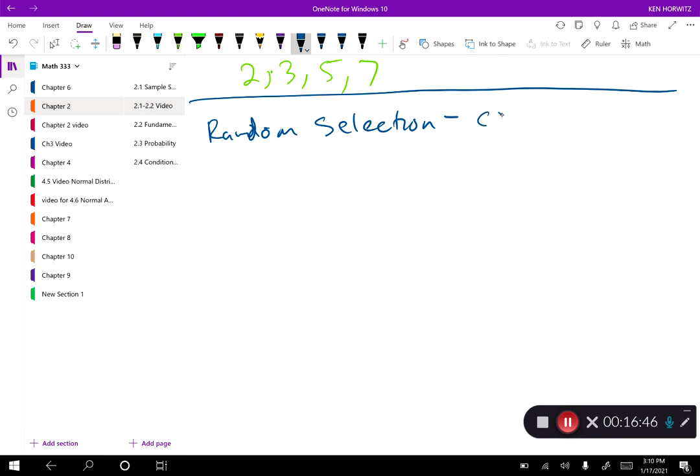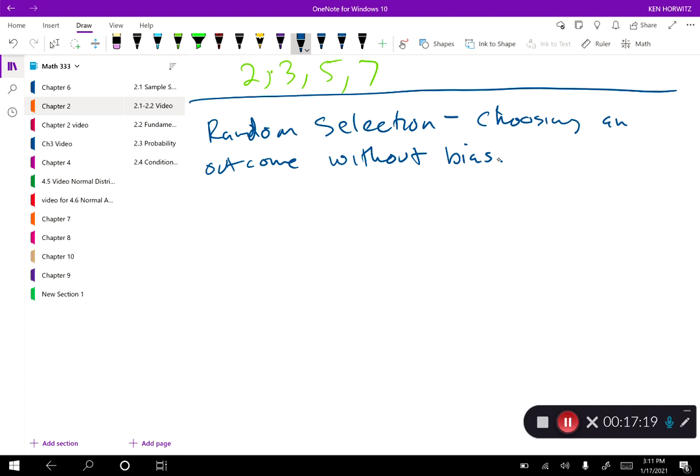All right, choosing an outcome without bias. Some people will also say choosing, using a system that is equally likely to get an outcome would be random selection.